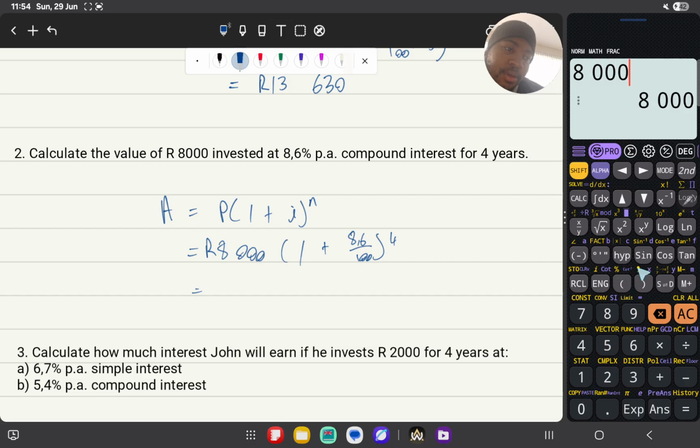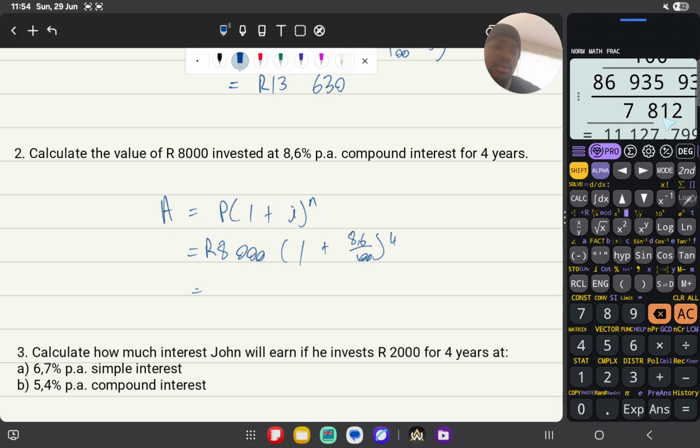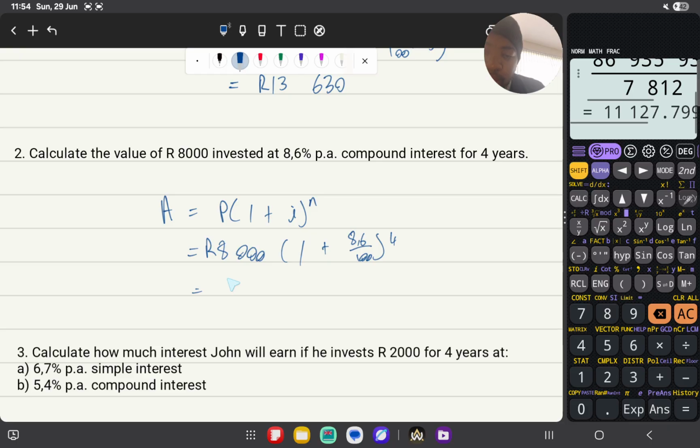Wow. So you end up having 11,127.8. Just simple formula substitution math.